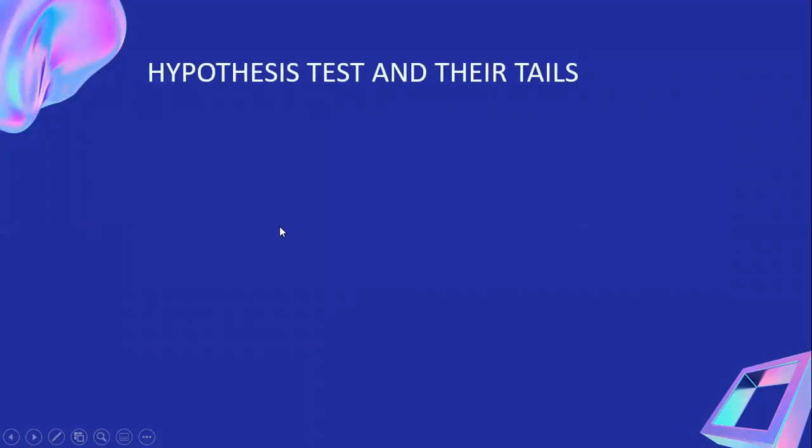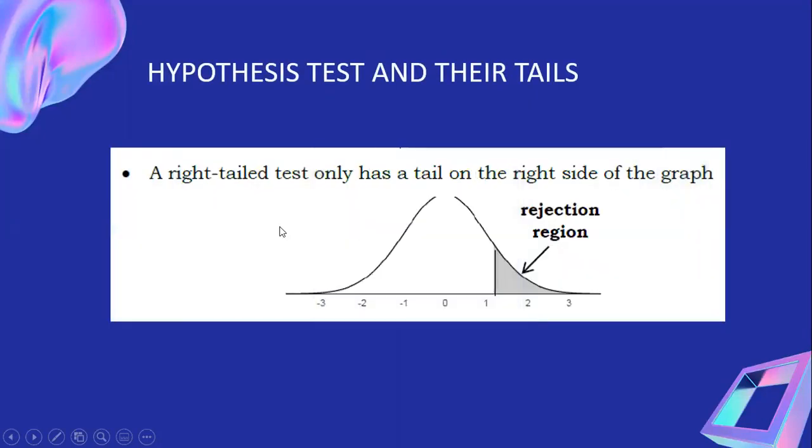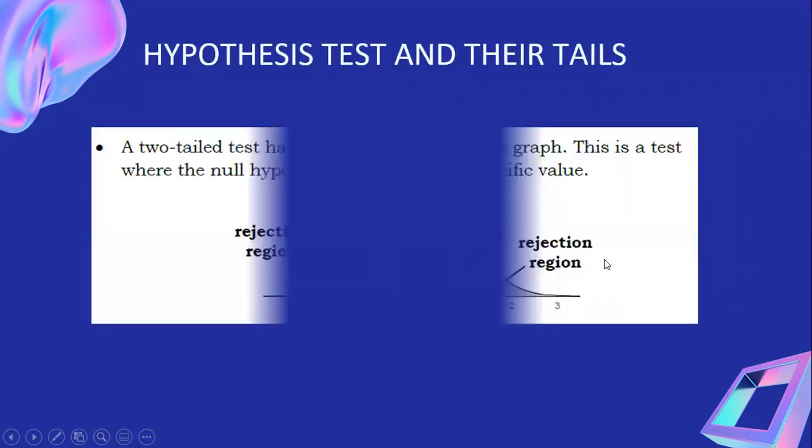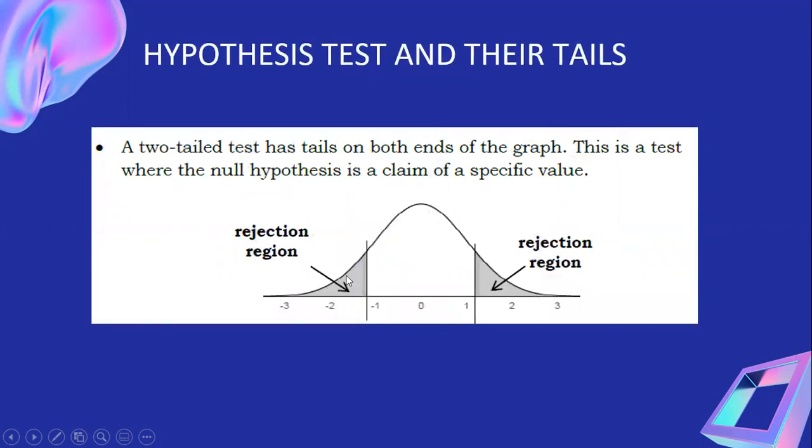Another type is the right-tailed test, where the shaded region or the rejection region must be on the right side only. And lastly, if it is a two-tailed test, both tails will have a rejection region. So the acceptance region will be this area only. Is that clear? Okay.